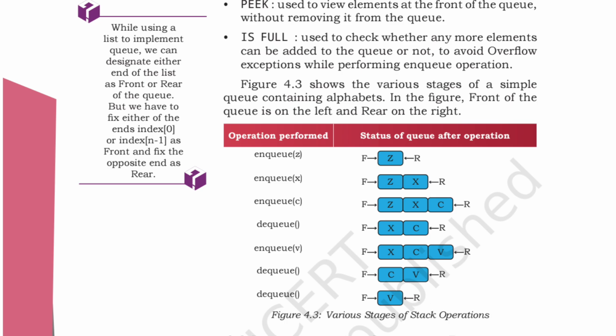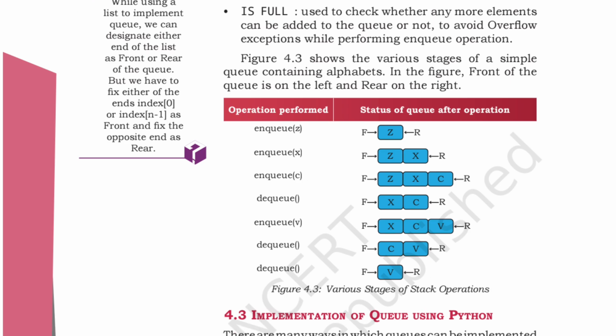So it is NQ, not Q. Okay, so you have to remember that these are the various stages of queue operation. Then again C will be inserted, then DQ.